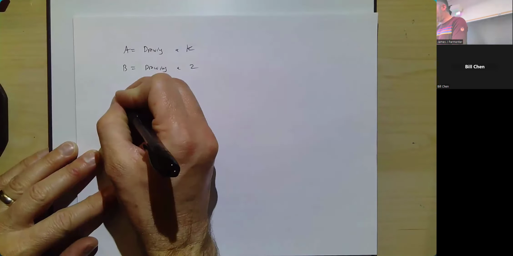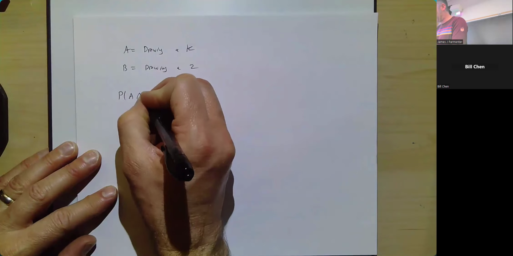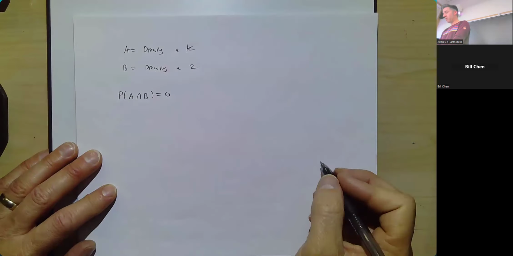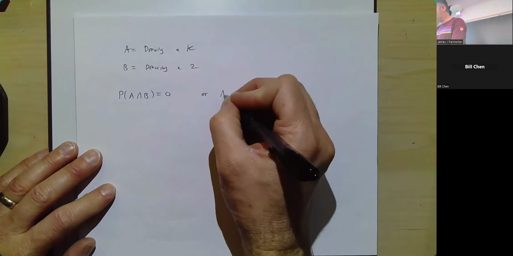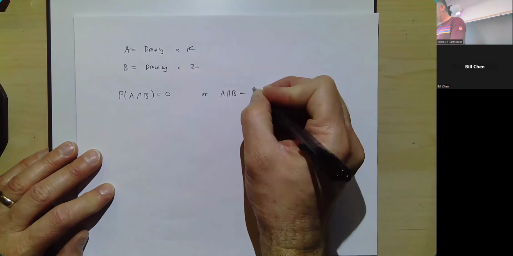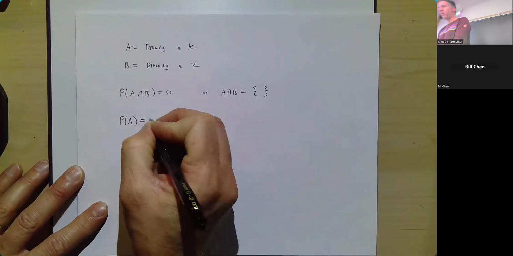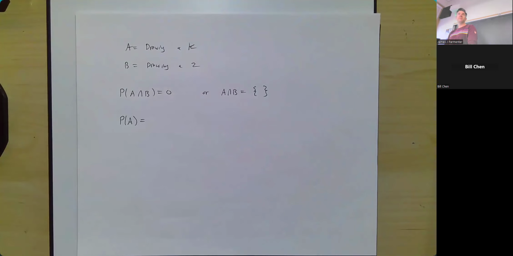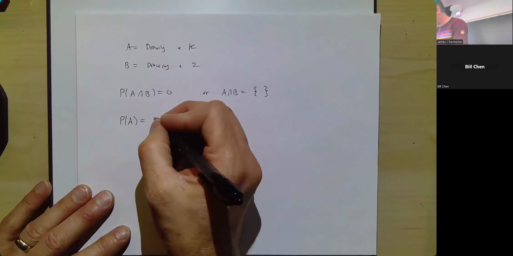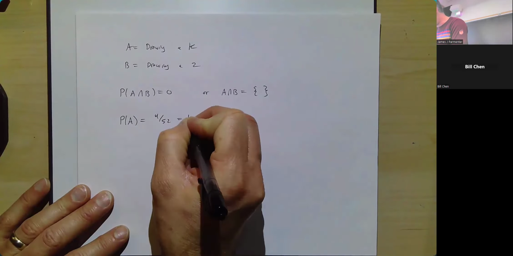So the probability of A and B is 0. Or if you prefer, the intersection of A and B is the empty set. So now let me ask you, what's the probability of A? What's the probability of drawing a king? How many kings are there? How many cards are there? Okay. Which is 1 out of 13.